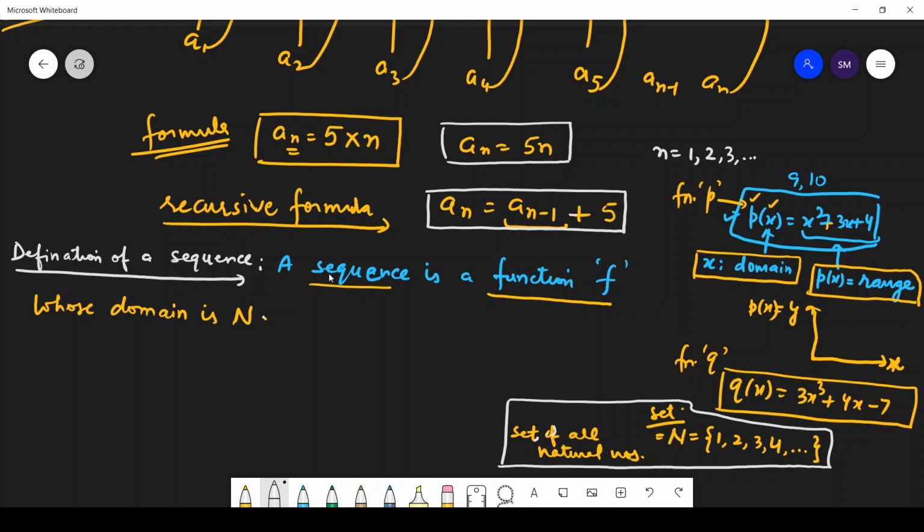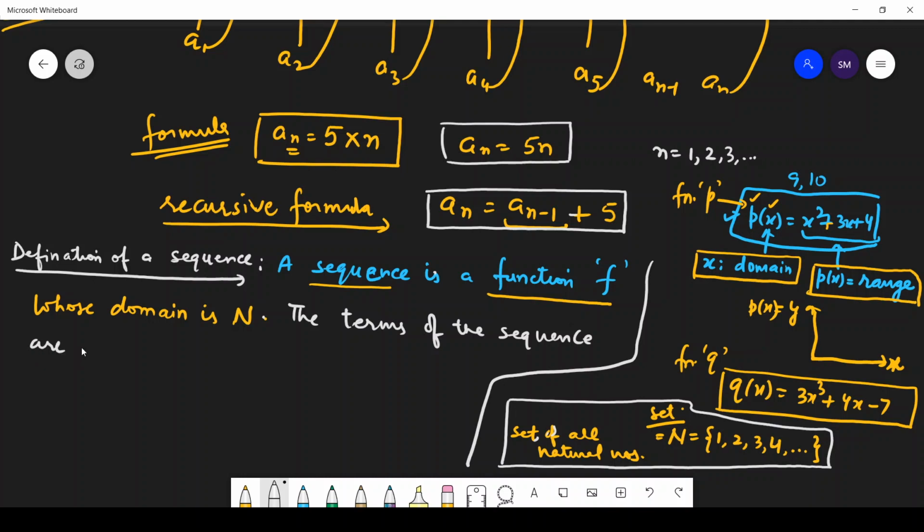This is the definition of a sequence: a sequence is a function f whose domain is N. And now the terms of the sequence are the function values.